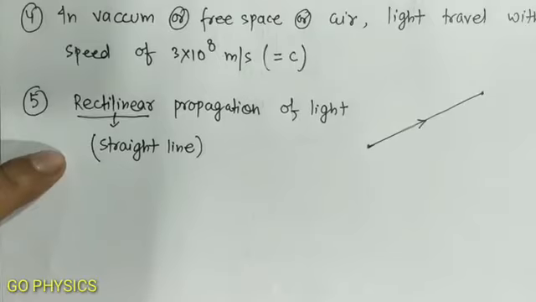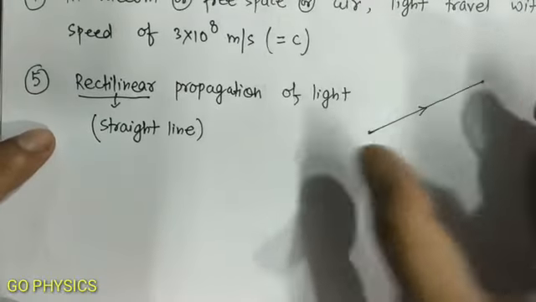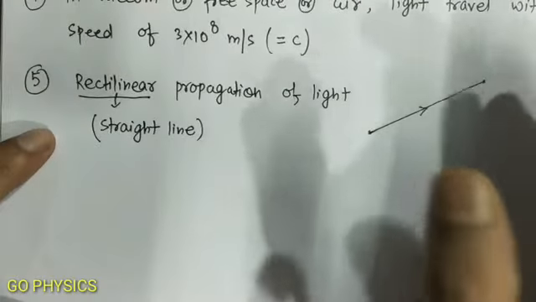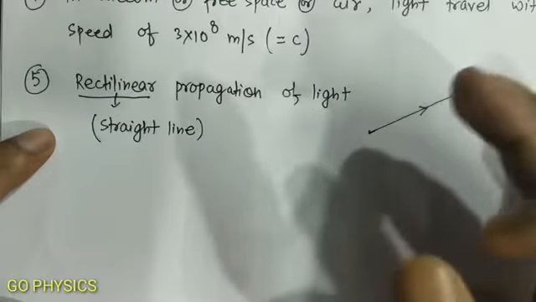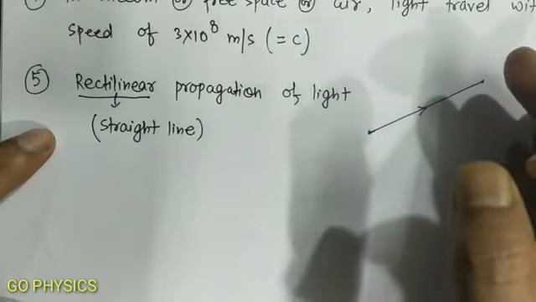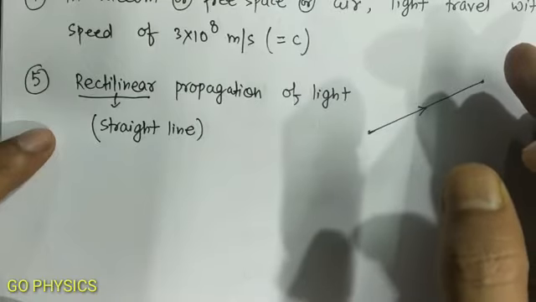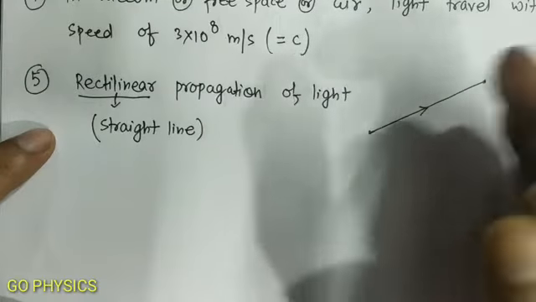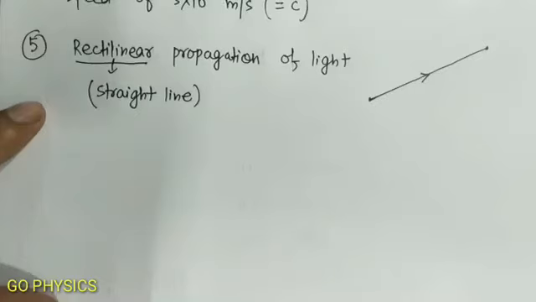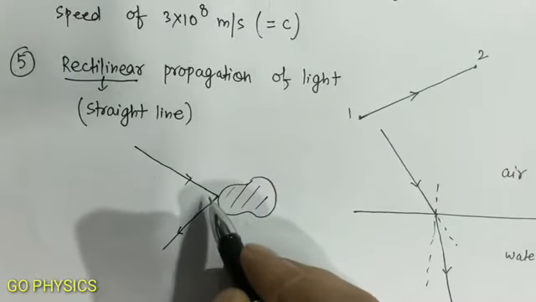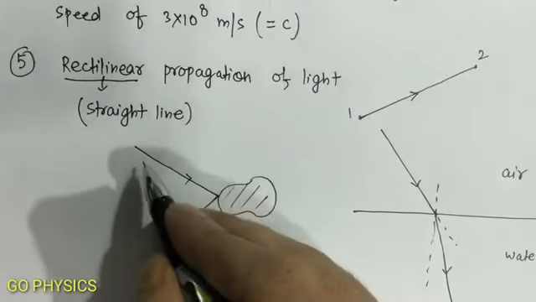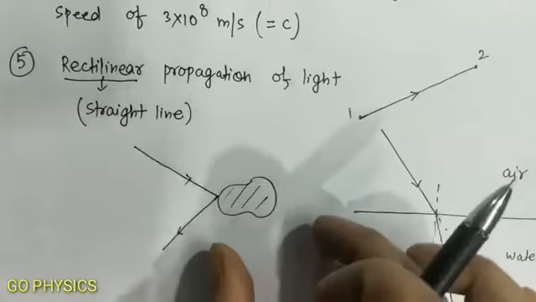One point to note here: the path of light changes only when there is an object in its path or where the medium changes. What it means? The path of light will change only when there is an object.